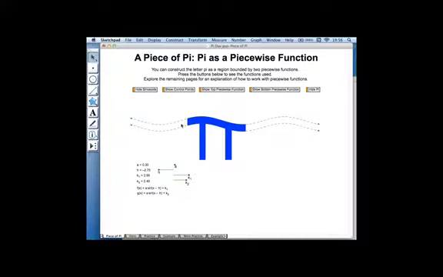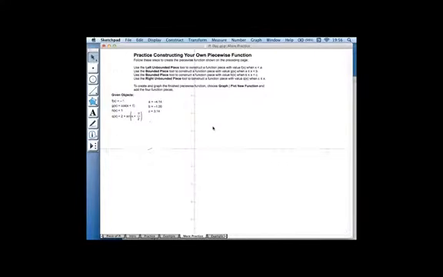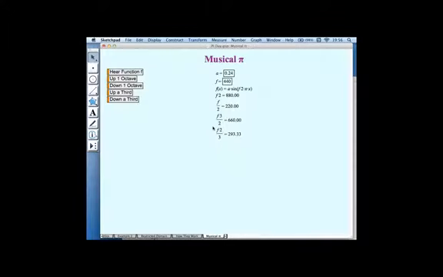The basic idea is we have two sine curves, and we've created a piecewise function in which this bottom sine curve drops to the axis and switches. This is a different piece of the function, and then it switches back to the original sinusoid, and then it has another piece that's down here, and then back to the original sinusoid.